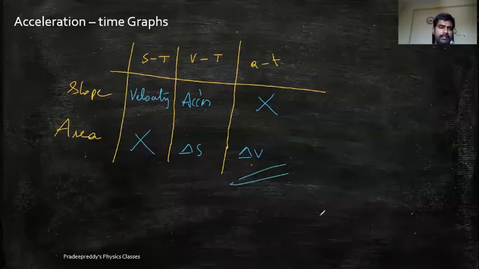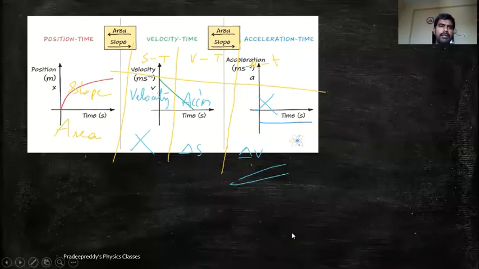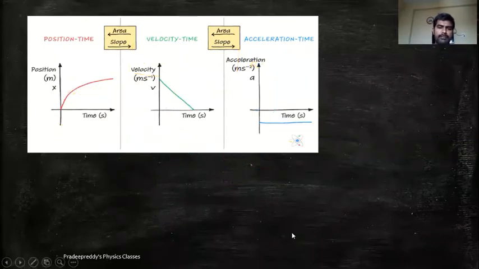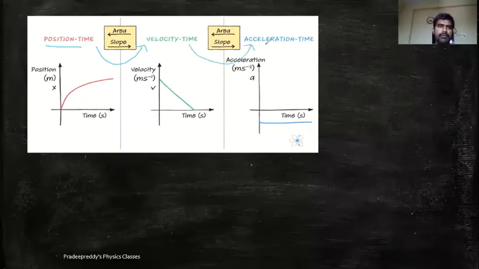Now let us learn the same thing in pictorial form. See, here we have the position time graph. In the position time graph, if you are calculating slope, you are getting velocity. In the velocity time graph, slope gives acceleration. So one step forward: position time, one step forward, velocity time, one step forward gives you acceleration.